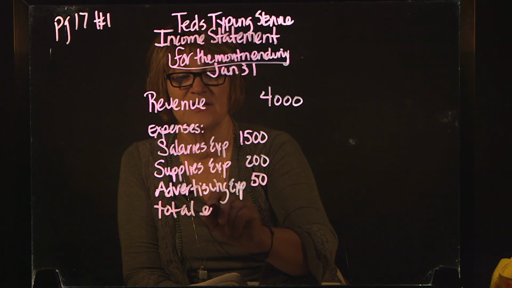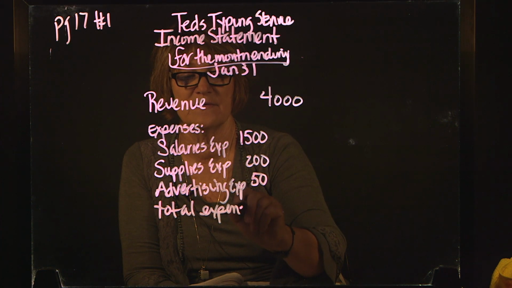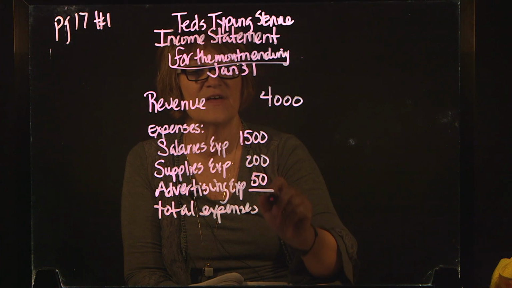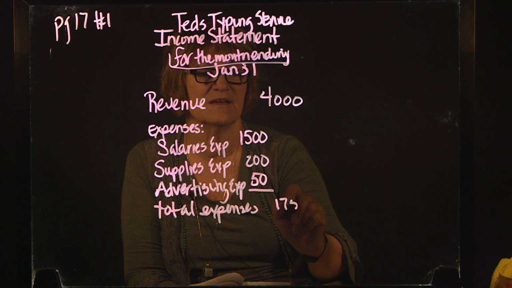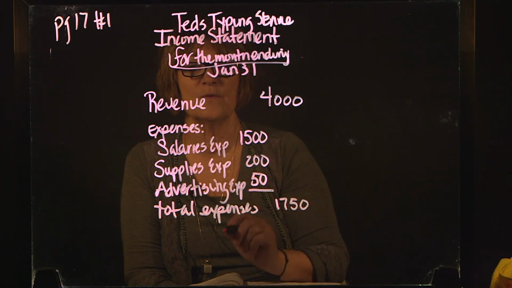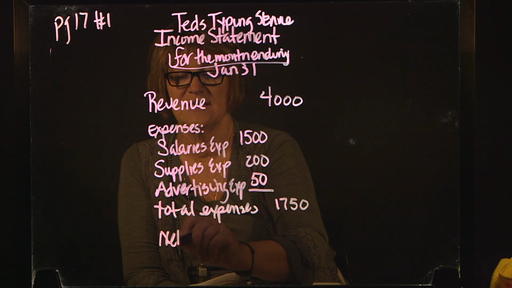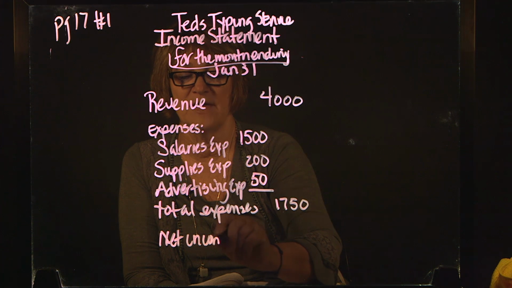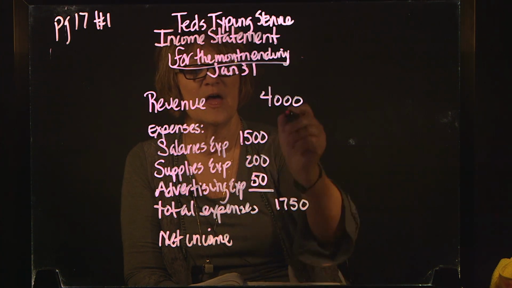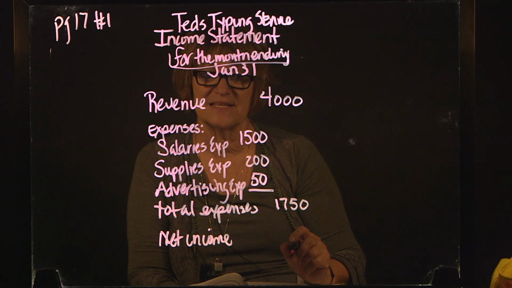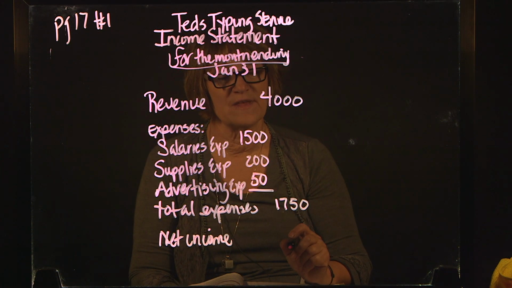We go ahead and total our expenses up. I'm going to go ahead and put it over here. So we have $1,750. The formula, remember, is revenue minus expenses gives us net income, and we know it's going to be income because the revenue is more than the expenses.